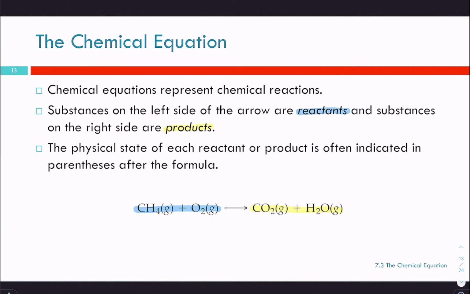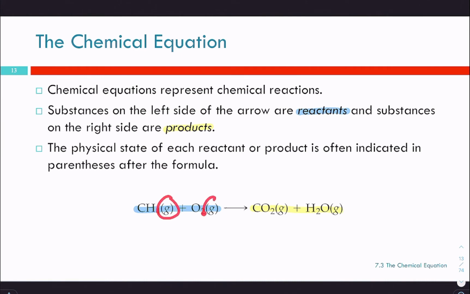We also note the physical state of each reactant or product in parentheses after the formula. Sometimes it won't be subscripted, so it'll be the same size as the rest of the formula. Other times it will be a subscript. I'll usually write it as a subscript.